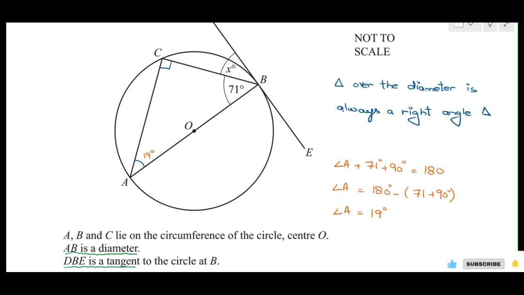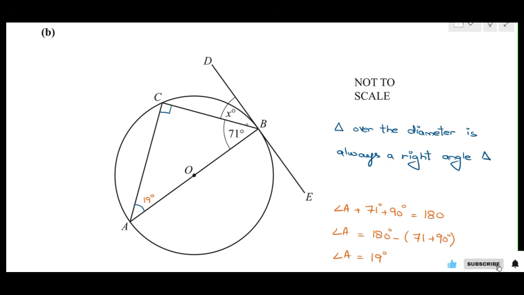Now we are given the information that this line is tangent to the circle at point B. So if we use the alternate segment theorem over here, the alternate segment theorem says that the angle between the tangent and the chord, this line is a tangent and this line is a chord of a circle, because any line other than one passing through the diameter would be a chord of the circle, right? So the angle between the tangent and the chord of a circle is always equal to the angle in its alternate segment, so that angle is also 19.